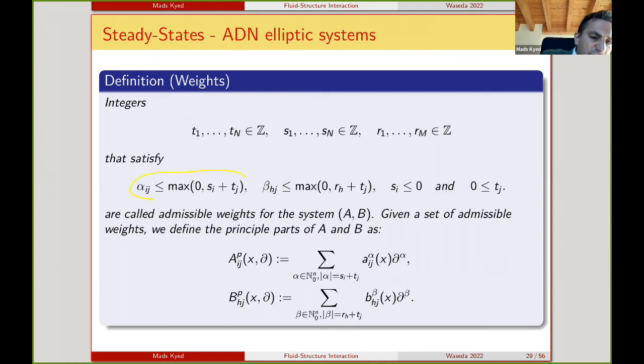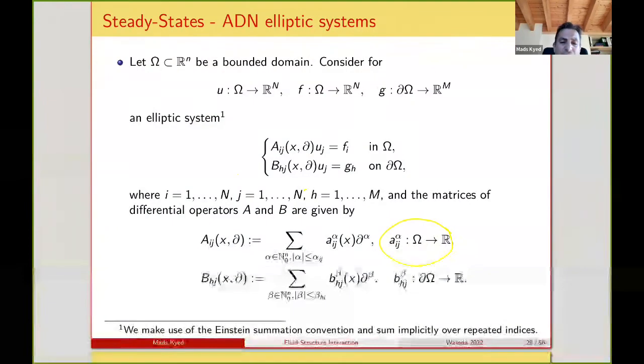well, let's start with this condition here. Alpha_ij is bounded by the maximum of 0 and s_i plus t_j. So what was alpha_ij?